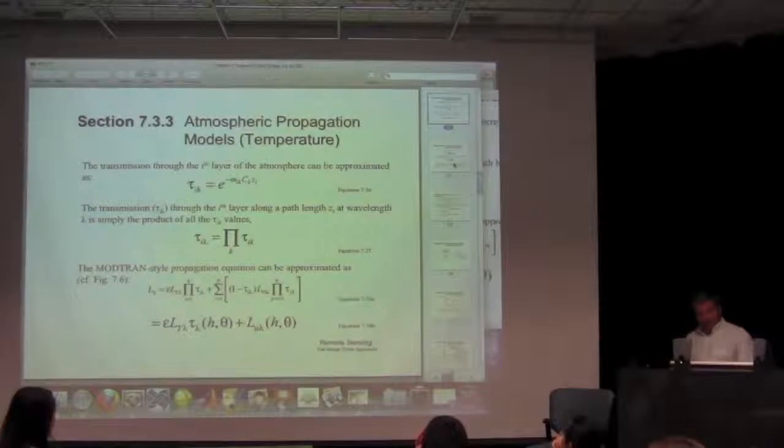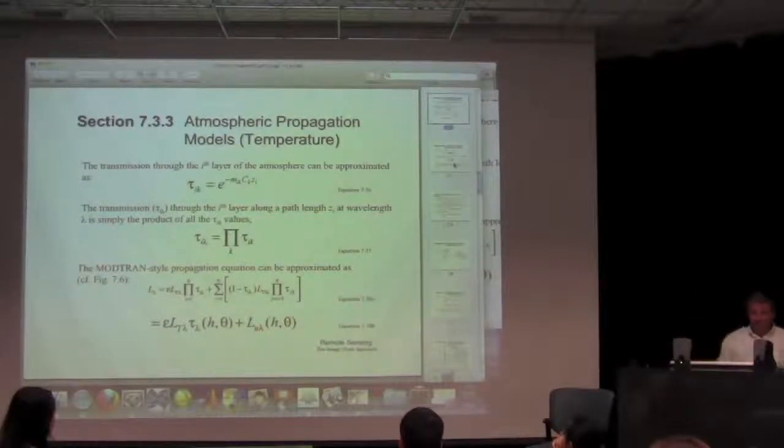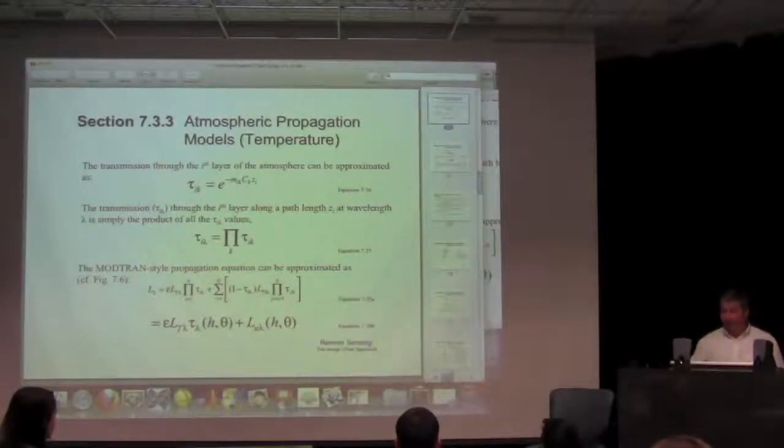That is the radiance reaching the sensor for a black body, because there's no reflected downwelling term. It's just the energy due to the black body propagated, transmitted through the atmosphere, plus the path radiance term. What's missing is that reflectance times the downwelling radiance term.